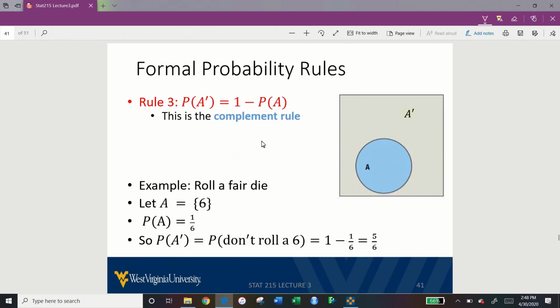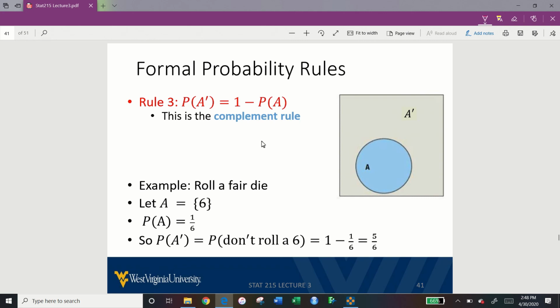Rule 3, something I've also introduced you to already, is the complement rule, which states that the probability of the complement of A equals 1 minus the probability of event A. So, for example, if we are rolling a fair die, we will let A be 6.